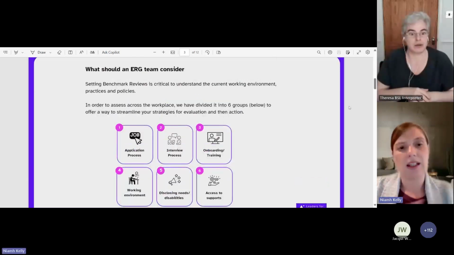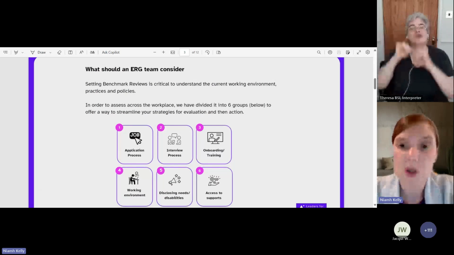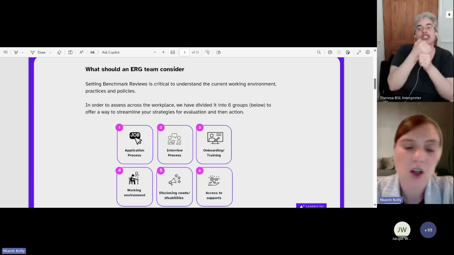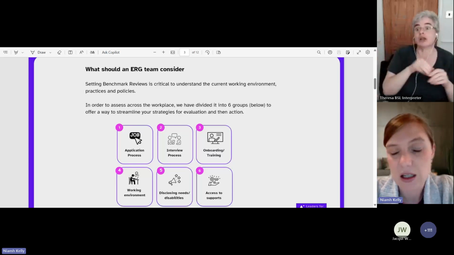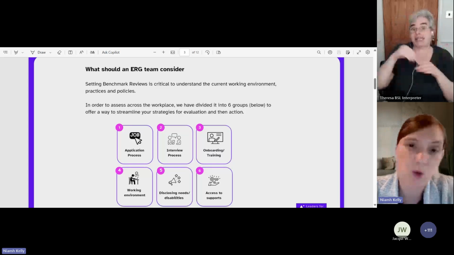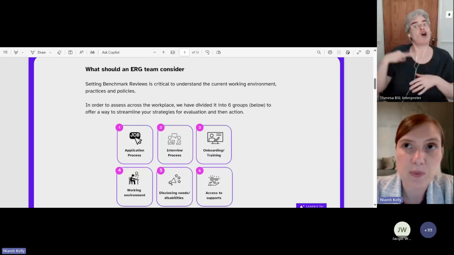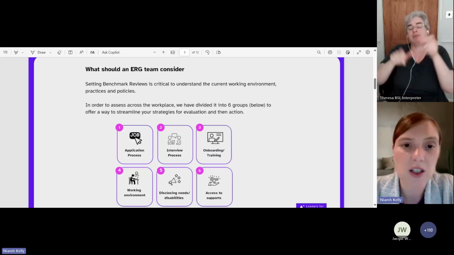And so, ERG is an employer resource group. A lot of people here today have employer resource groups for LGBTQ, maybe disability inclusion. Maybe you haven't started one within your company either. They are voluntary, usually maybe 5 to 10 people, depending on the size of your organization.